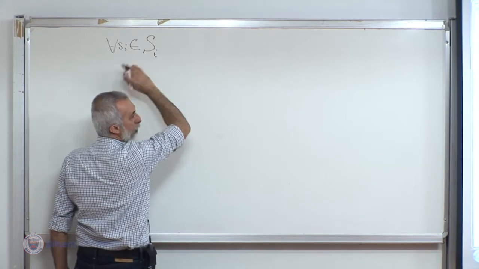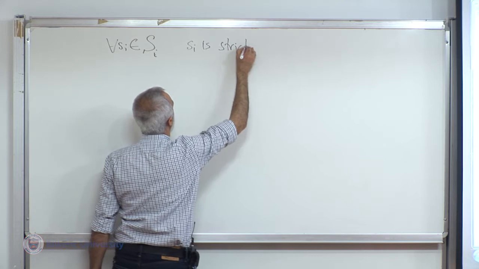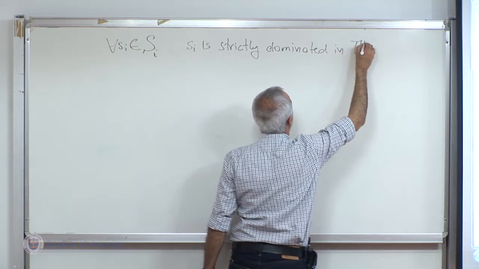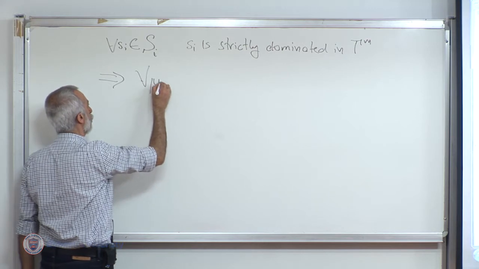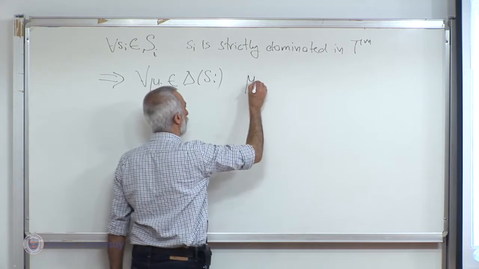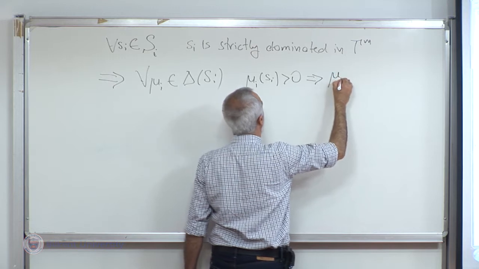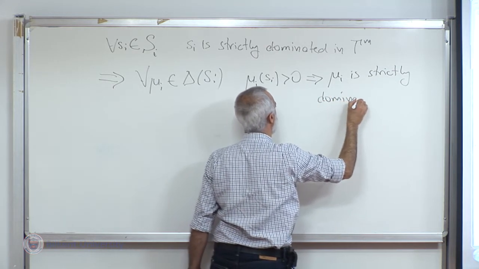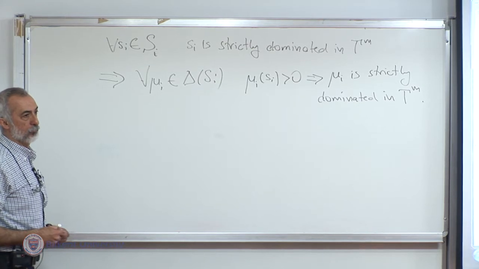For any SI in capital SI, for any agent I, if SI is strictly dominated in the mixed extension game, this implies that for any mixed strategy mu I of player I, if mu I of SI is greater than 0, then mu I is strictly dominated in the mixed extension game. So that's what we're asked to show.